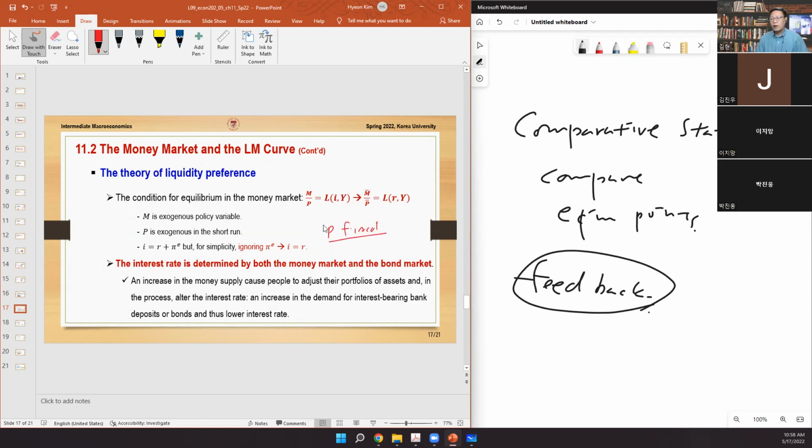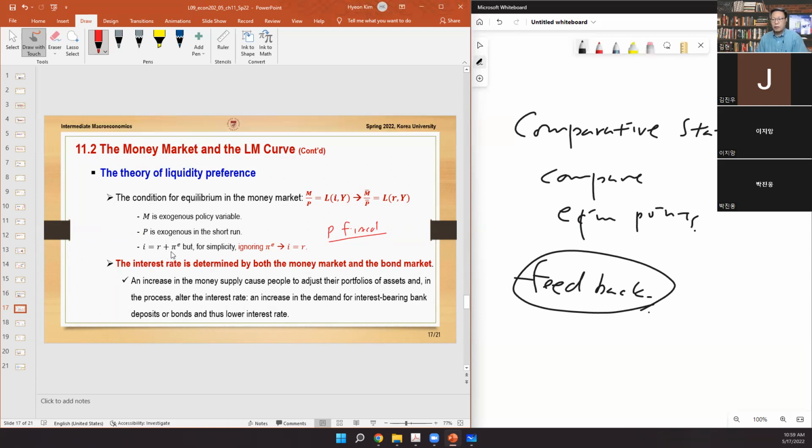After that, they also utilize the idea of the Fisher equation, in other words, the quantity theory of money. And then we have the nominal interest rate composed of two parts. The real interest rate, as you know, looks like the adjustment variable for the loanable funds market under classical economics.